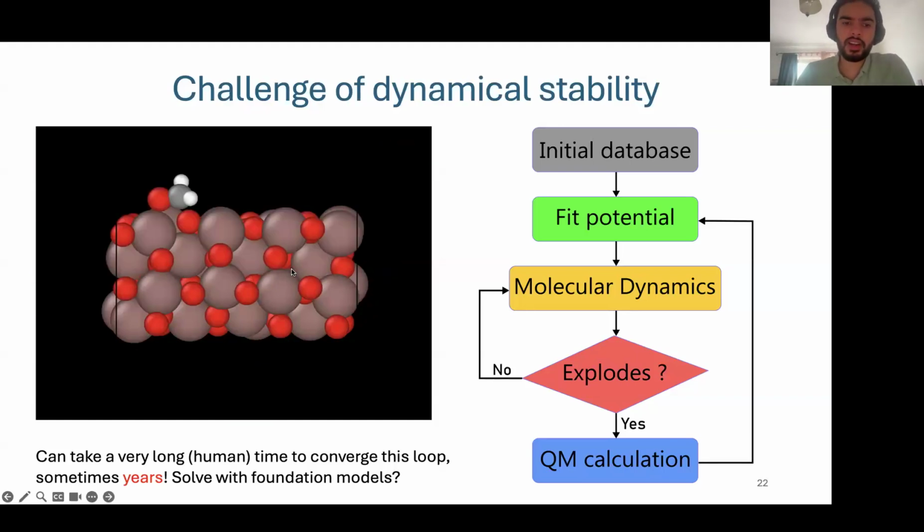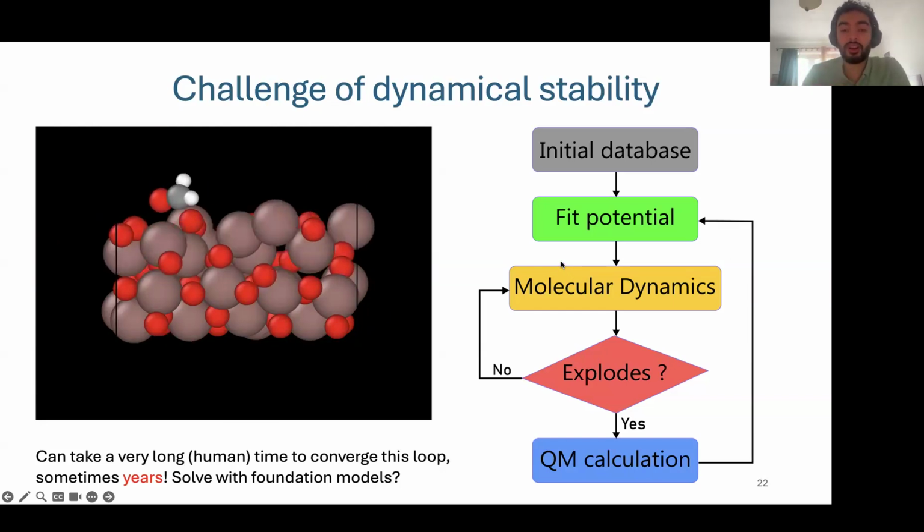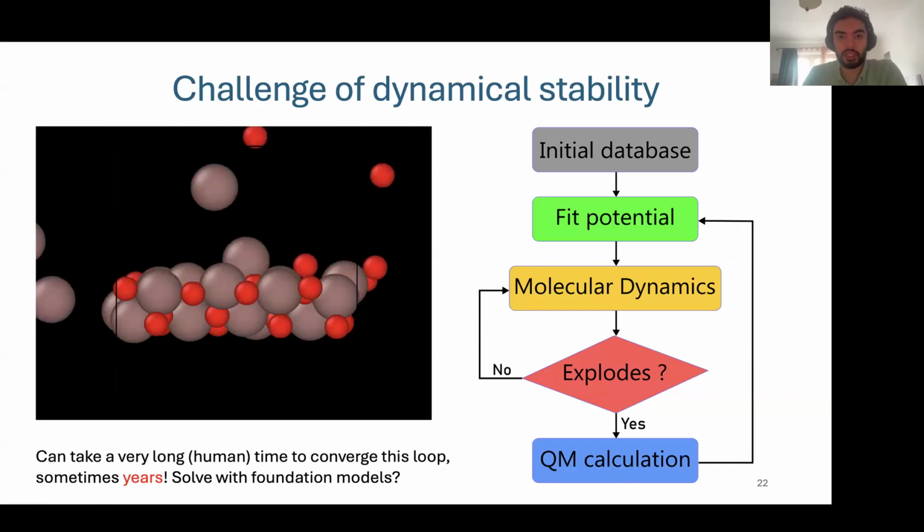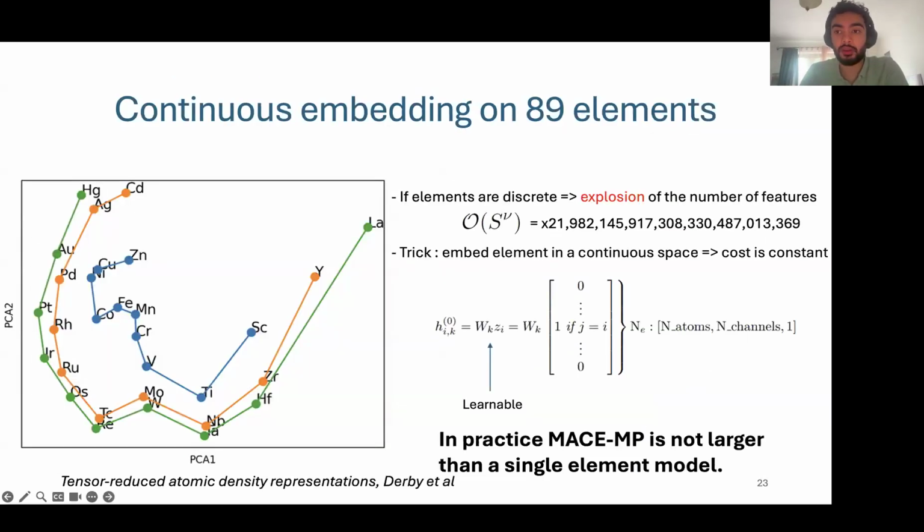And the idea is, can you find a way to train on large enough data sets such that your model is out of the box stable and maybe even out of the box qualitatively accurate, such that you speed up a lot the development of any potential. And this is why I call it a foundation model.